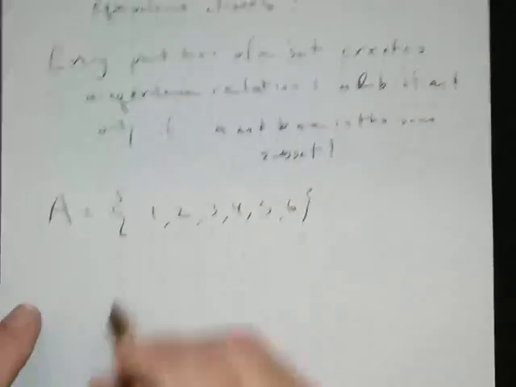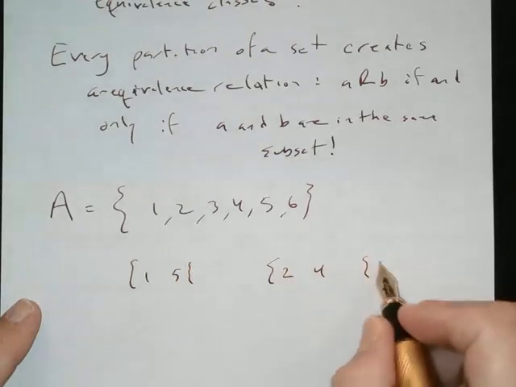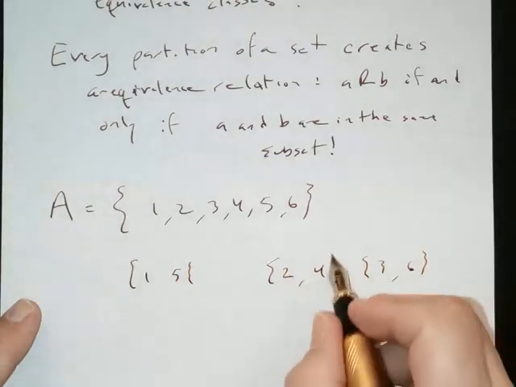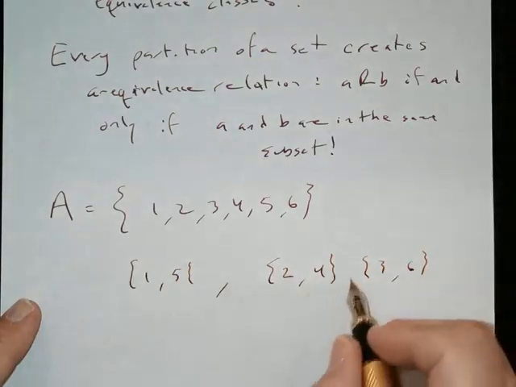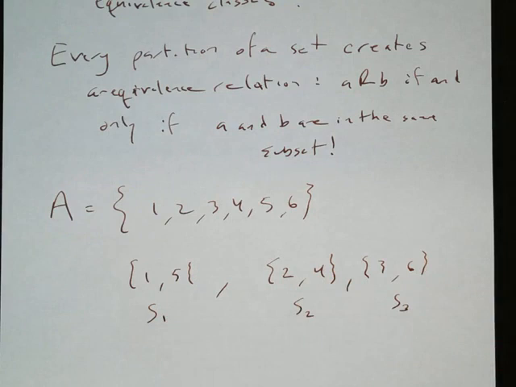Go for it. 1, 5, 2, and 4, 3, and 7. So I'm going to call this set 1, this set 2, and this set 3. This is a partition. None of those sets are empty. They don't have any overlap. And when I put them all together, I get the whole set, right? That's a partition. It's created an equivalence relation.